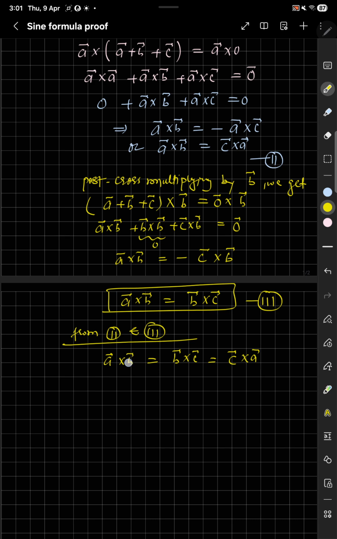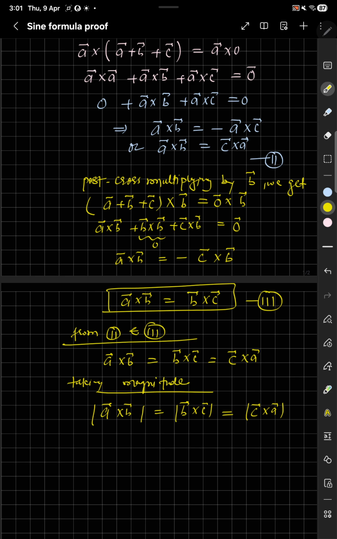If you take the magnitude of all these vectors, the modulus of a cross b is equal to the modulus of b cross c is equal to the modulus of c cross a.